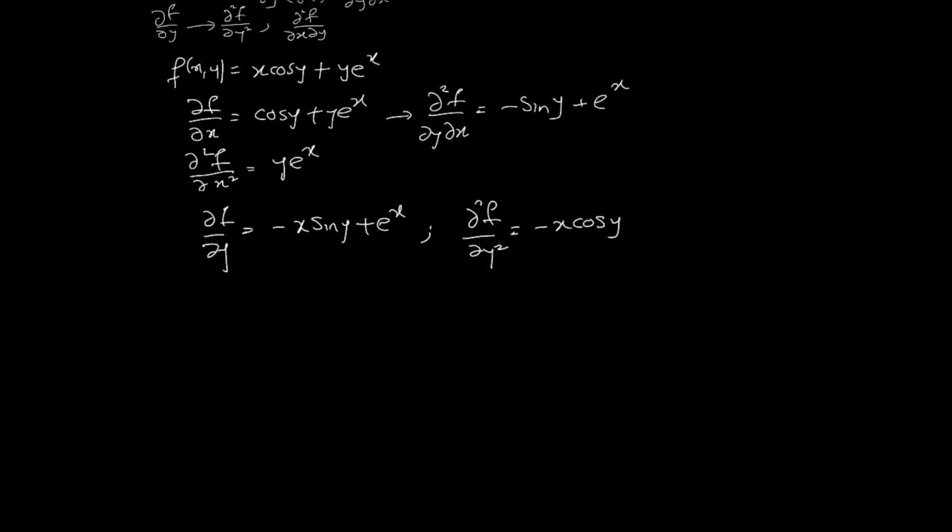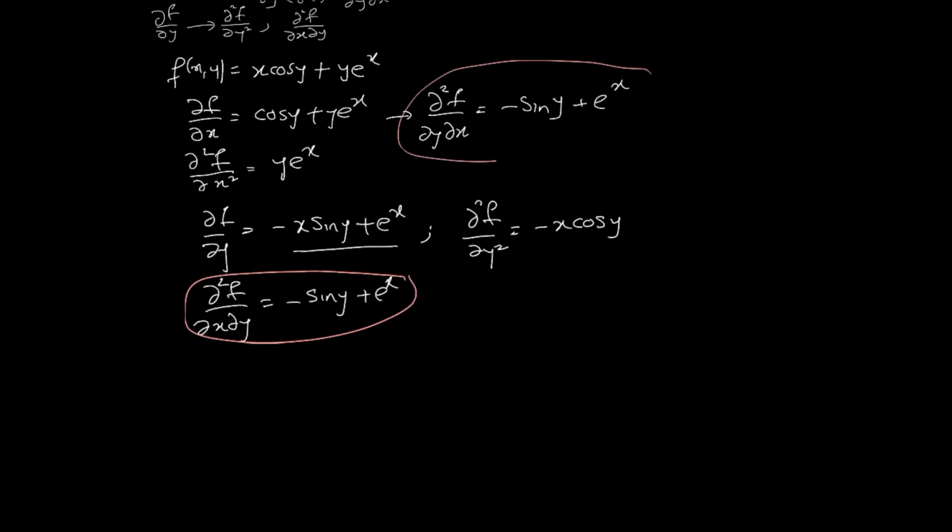Now let's do the mixed partial derivative, which is the x derivative of f_y, and that means the x derivative of this, which is going to give us minus sine y plus e^x. Now I want you to notice something here. You'll notice that this and this are both the same.